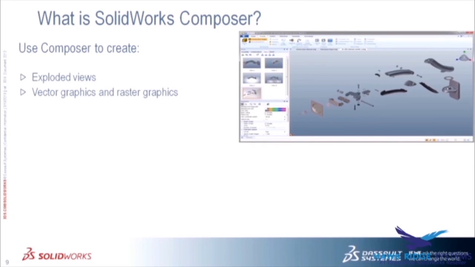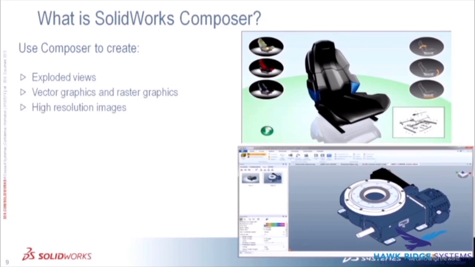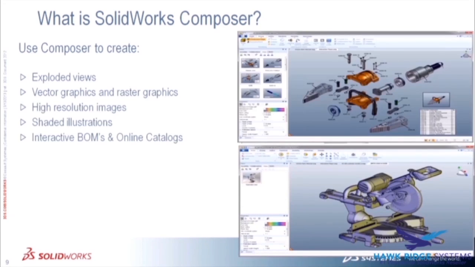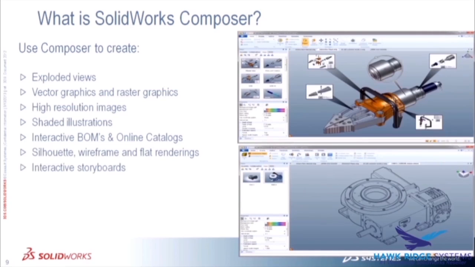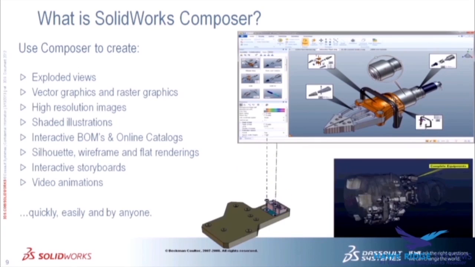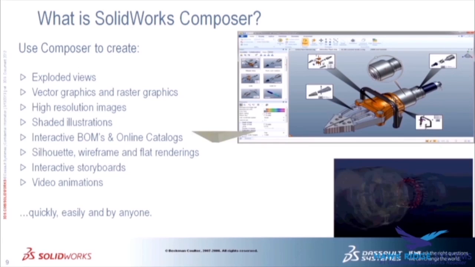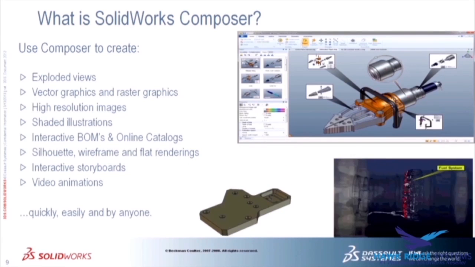So Composer is used to create everything that those other departments may ever need, including exploded views, vector graphics and raster graphics, high-resolution images, shaded illustrations, interactive bills of materials and online catalogs, silhouette, wireframe and flat renderings, as well as interactive storyboards, where you can simply use your touchscreen to click on an image and look at that particular area of the model.